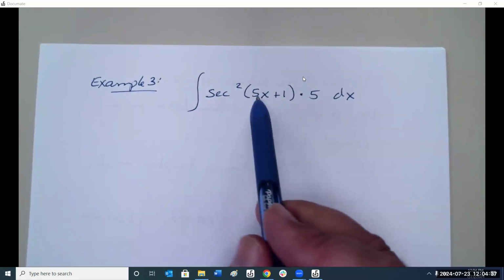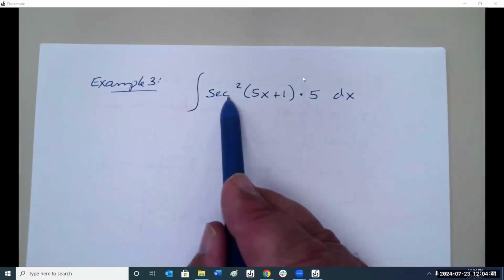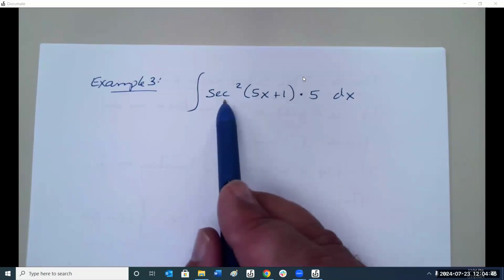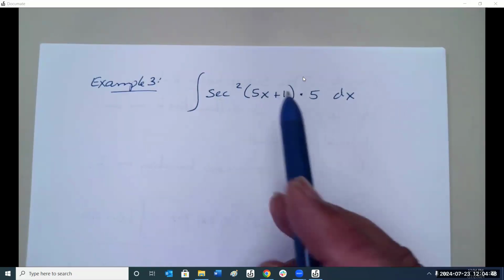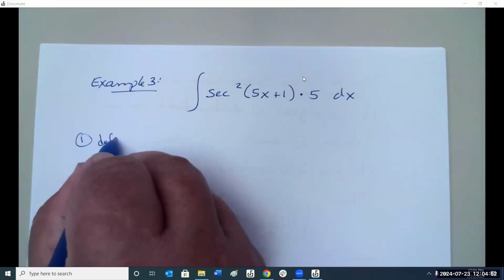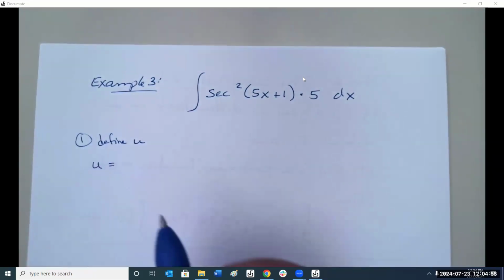So here we see it's a function within a function. It's secant squared of x, so this is f and that's g. So our first step, 1a, define u. What is u going to equal?